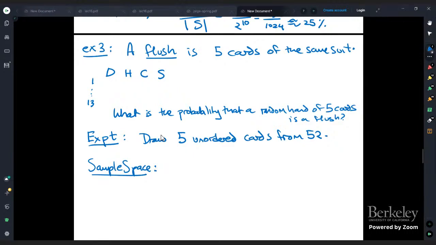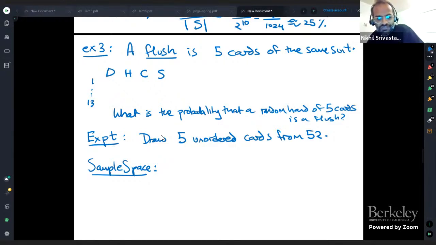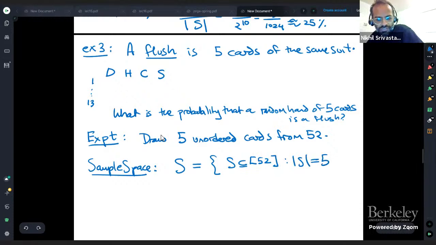Okay. So the sample space, because the outcome is only unordered sets of cards, I'm not keeping track of the order. The sample space S is the set of all subsets of 52 cards. So let's label the cards 1 through 52, and you have 5 of them.